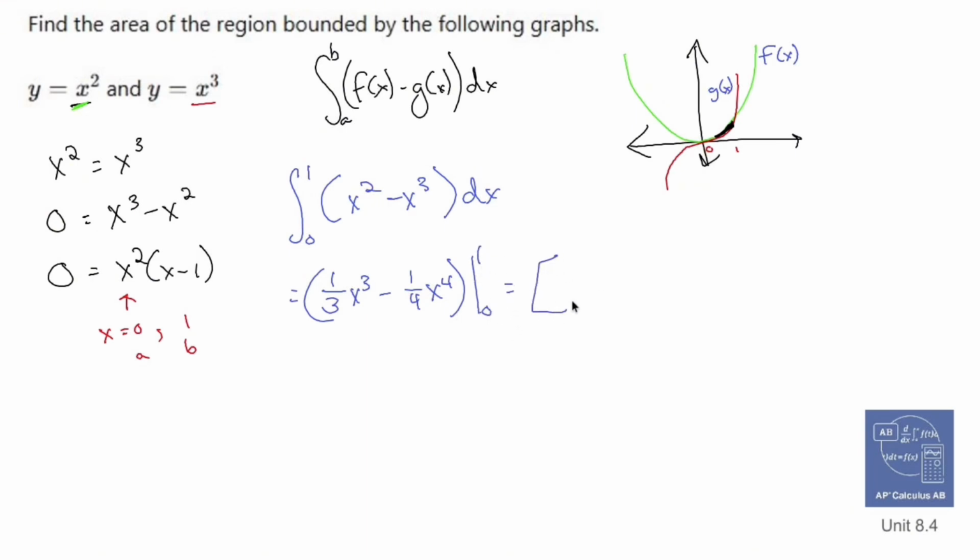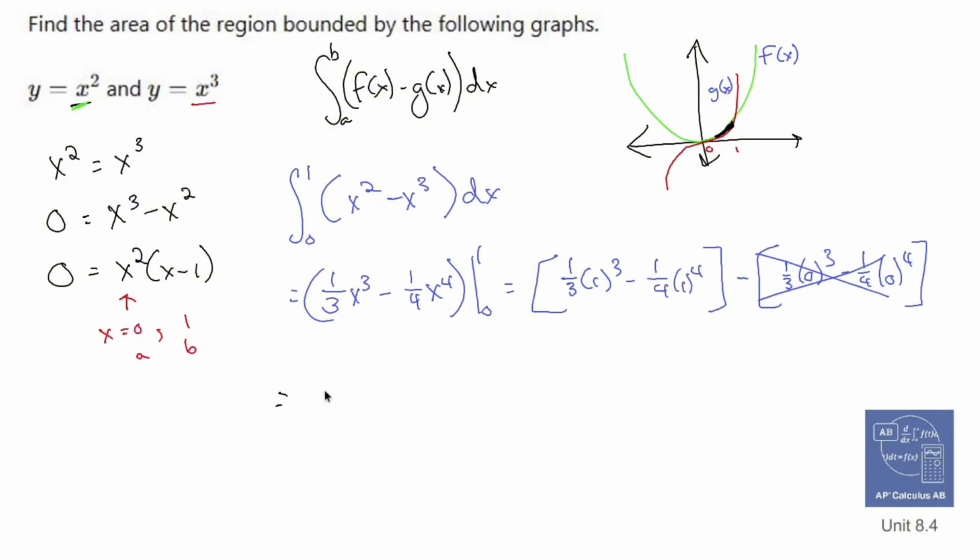So we plug stuff in: 1/3 times 1 cubed, minus 1/4 times 1 to the fourth, minus 1/3 times 0 cubed, easy, minus 1/4 times 0 to the fourth, easy. The entire right bracket is just going to become 0. This becomes 1/3 times 1, so 1/3, minus 1/4 times 1, so 1/4.